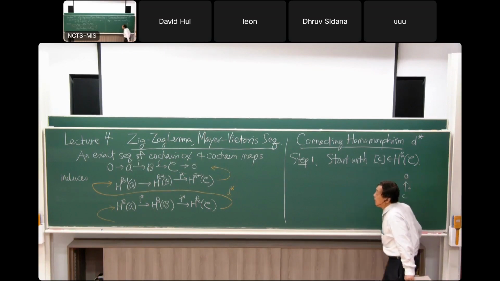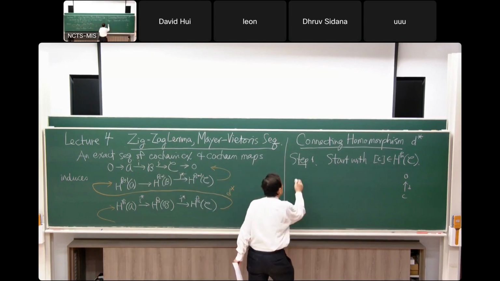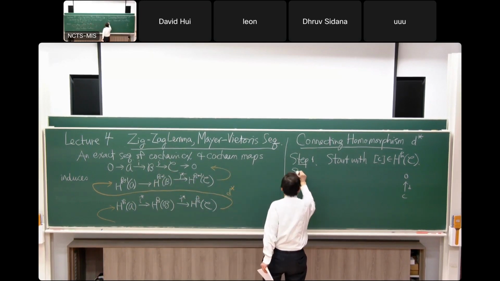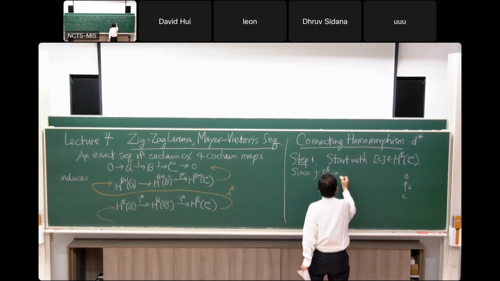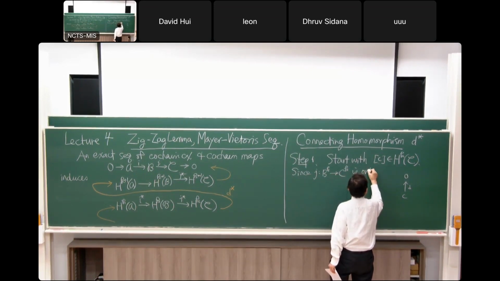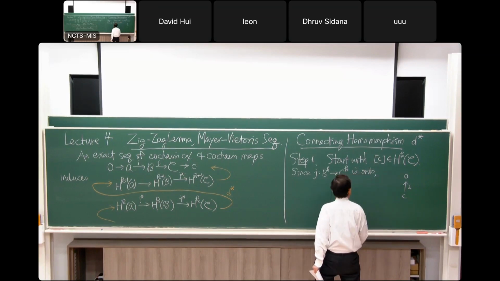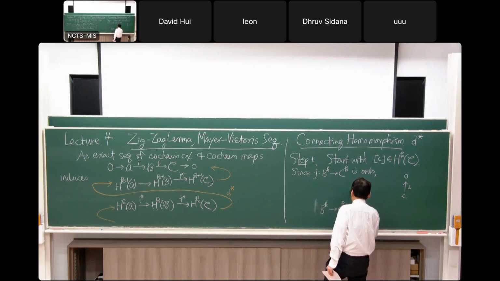Now, because each horizontal row of the original sequence is exact, that means J is surjective. So since J from B^k to C^k is onto, you have B^k mapping to C^k, mapping to 0.